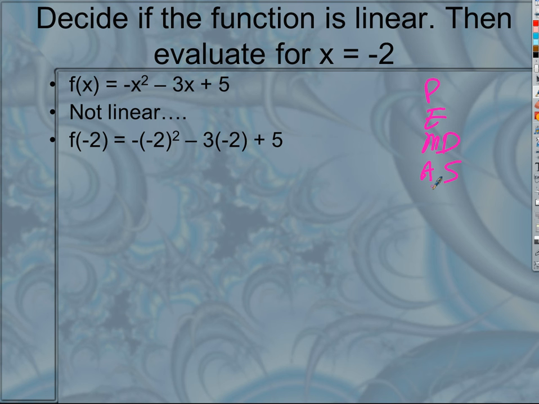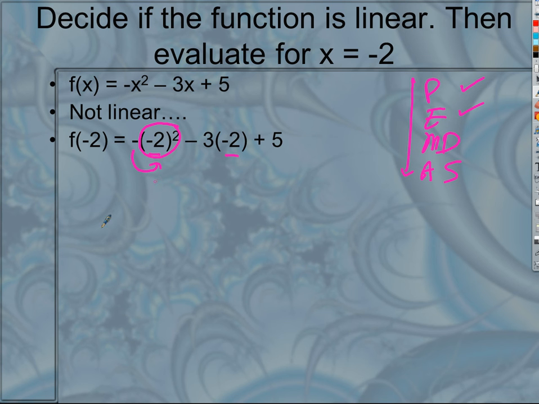I'm simplifying, so I'm going to go top down. First thing I've got to do is everything in parentheses. Well, inside the parentheses, there's nothing for me to do. I've already got just numbers there, right? So I can check that one off. But the very next thing is exponents, okay? So I've got to take the -2 squared before I distribute the negative sign to the answer.